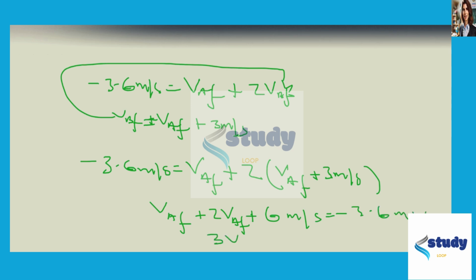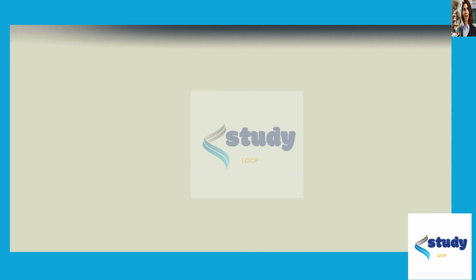So 3 final velocity of A equals, moving that to the other side, negative 9.6 meters per second. And on the next page, we get the final velocity of A, which happens to be negative 3.2 meters per second.